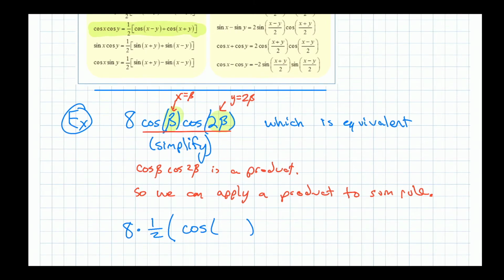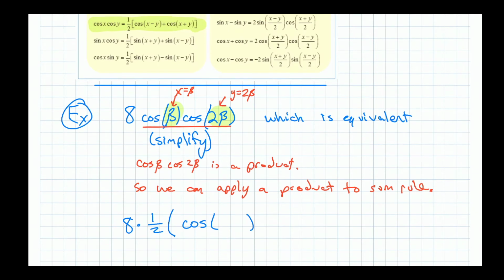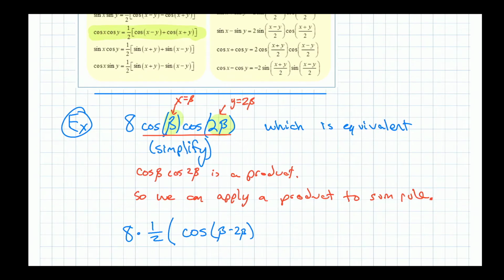What are our x and y? They're beta and 2 beta, the green highlighted things. So x minus y is beta minus 2 beta. Then the second term is cosine of x plus y, which is plus cosine of beta plus 2 beta.